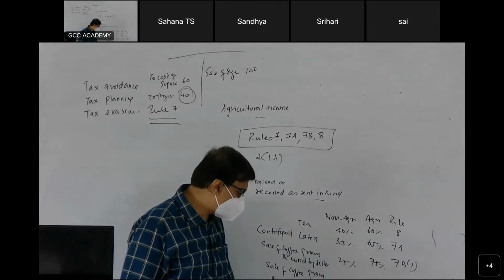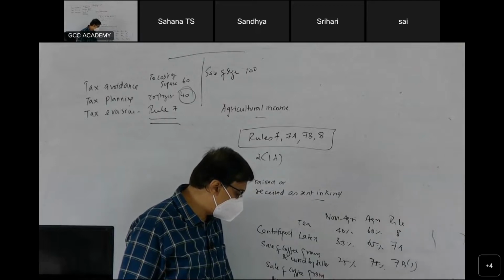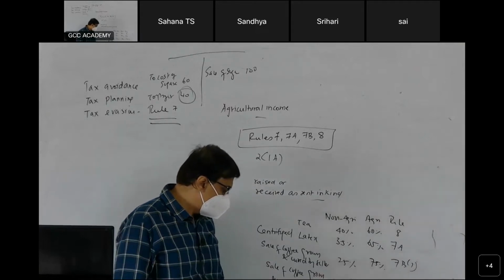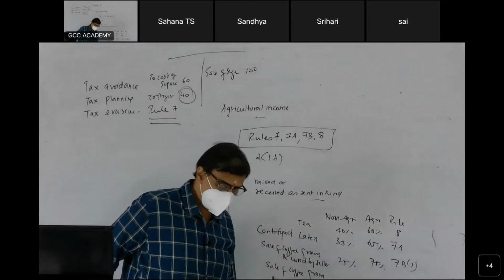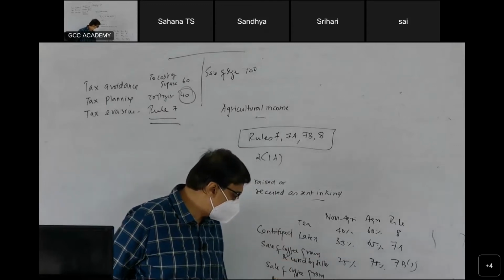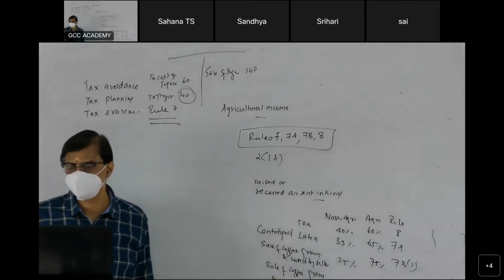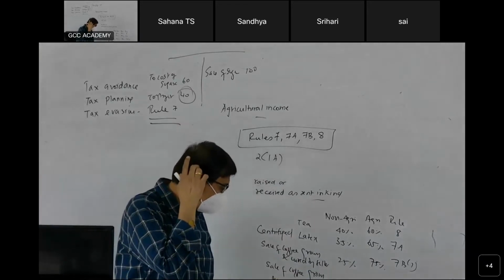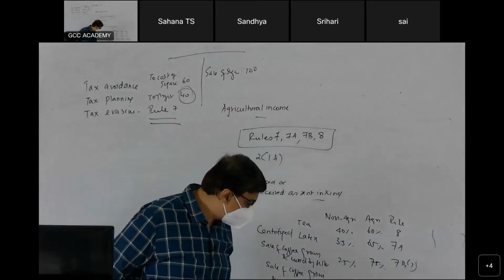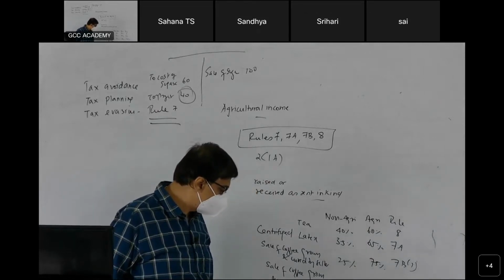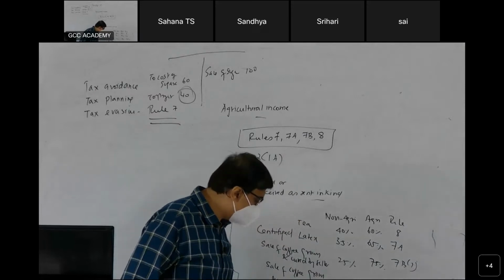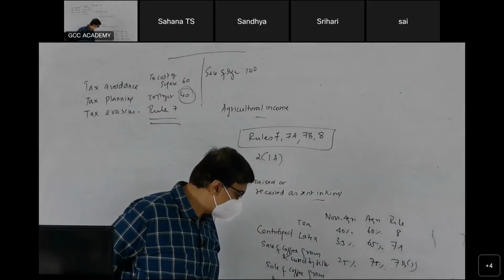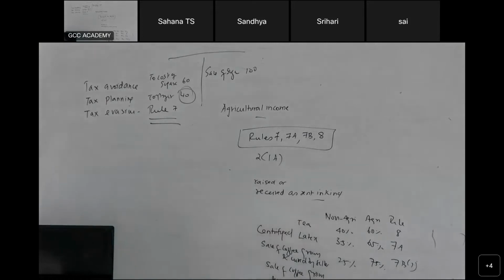X Limited grows sugarcane to manufacture sugar. Data for the previous year 21-22 is as follows. Particulars, rupees in lakhs. Cost of cultivation of sugarcane 4. Market value of sugarcane used in manufacture of sugar 9.